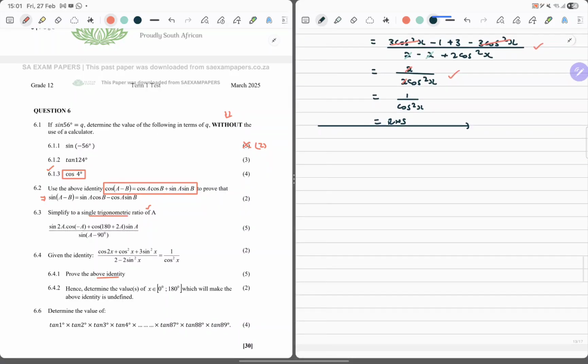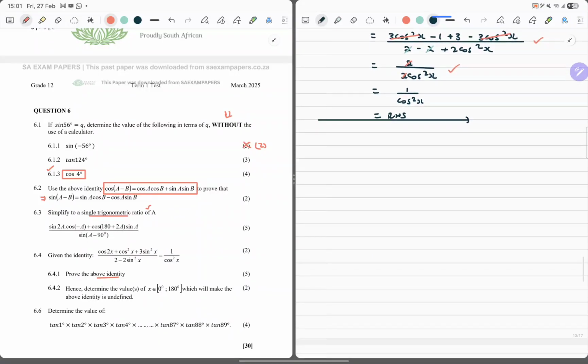All right, so let's look at 6.4.2. 6.4.2 says we need to determine the value or values of x in this interval where this identity will be undefined.